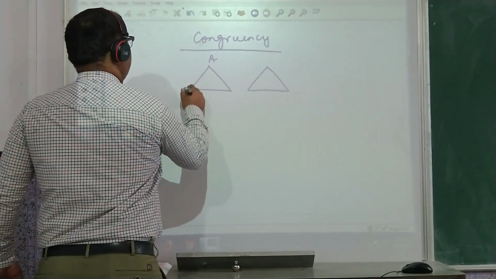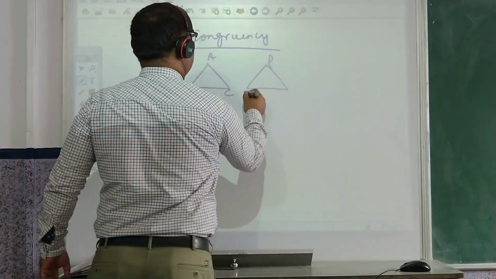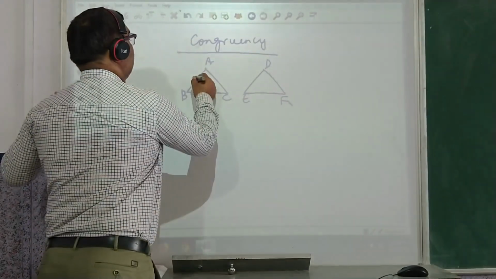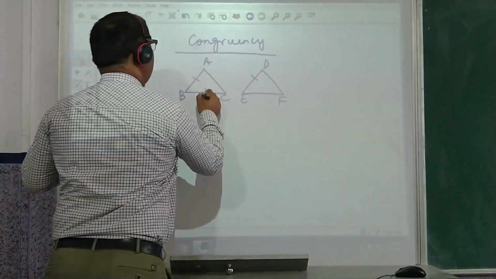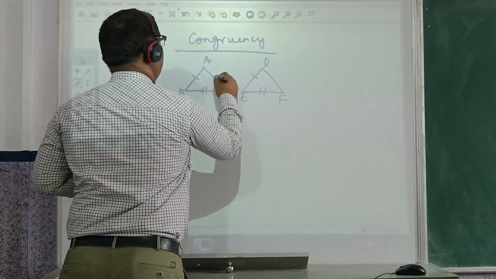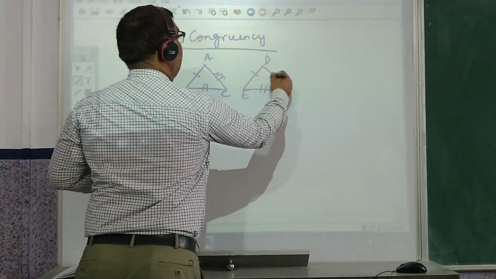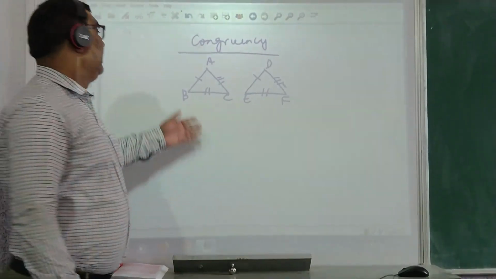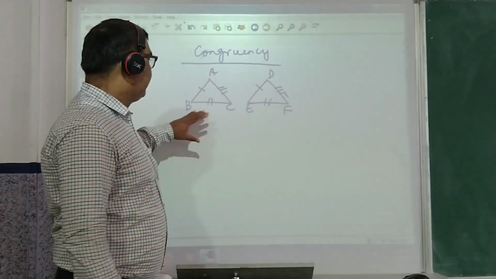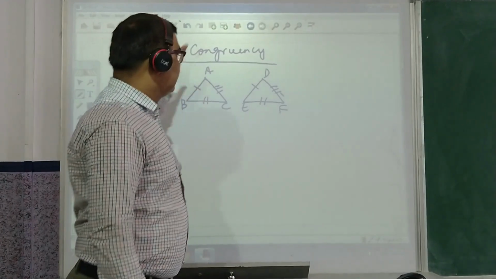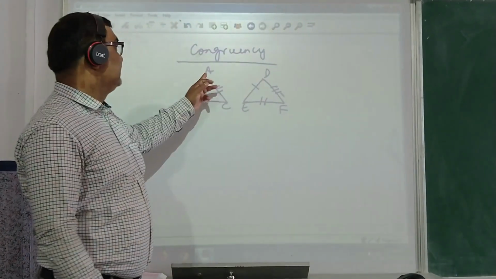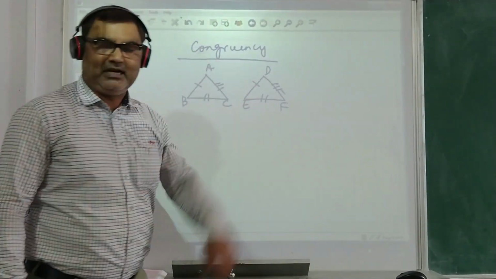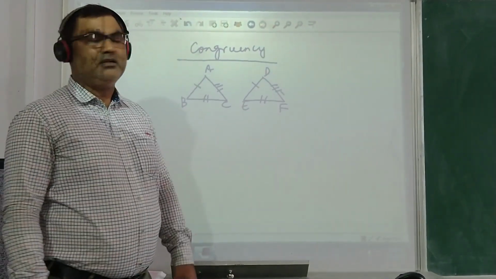Suppose I am giving the names here ABC, DEF. Suppose AB and DE are equal, BC and EF are equal, AC and DF are equal. So what happens if you superpose this on this? AB superposed on DE, they will exactly occupy one another.